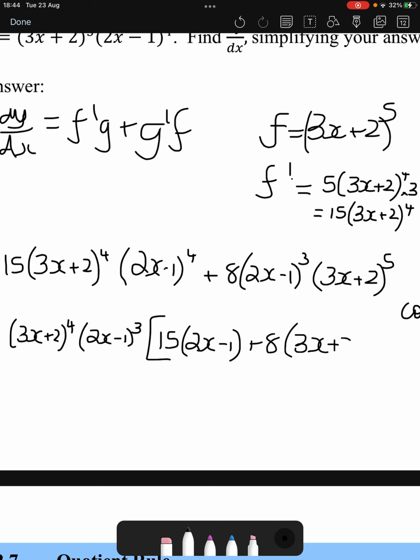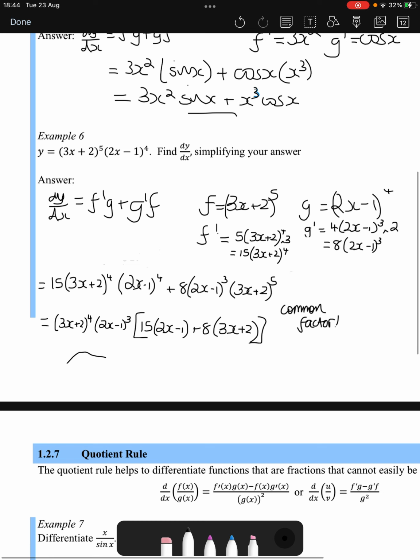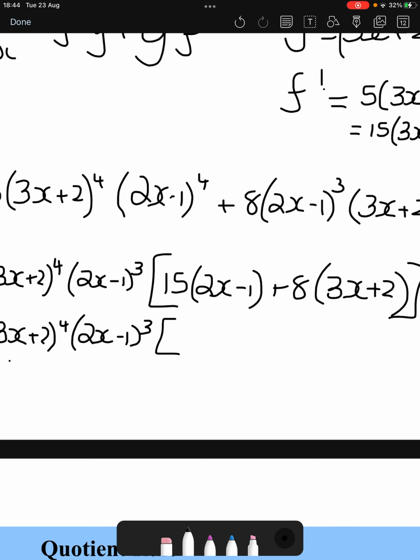So all we need to do now is multiply it through that square bracket and then tidy it up. I'll do that before I tidy it.